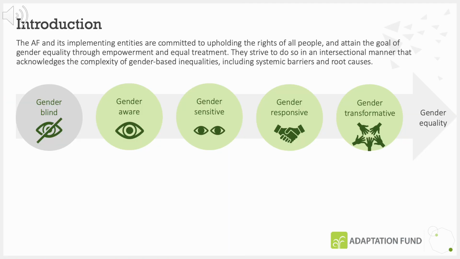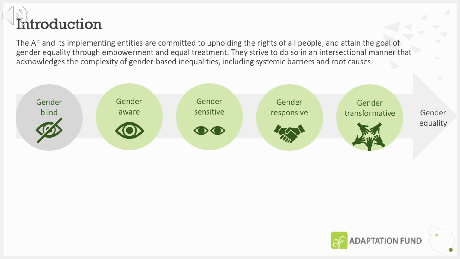The Adaptation Fund and its implementing entities are committed to upholding the rights of all people and attain the goal of gender equality through empowerment and equal treatment. They strive to do so in an intersectional manner that acknowledges the complexity of gender-based inequalities, including systemic barriers and root causes.